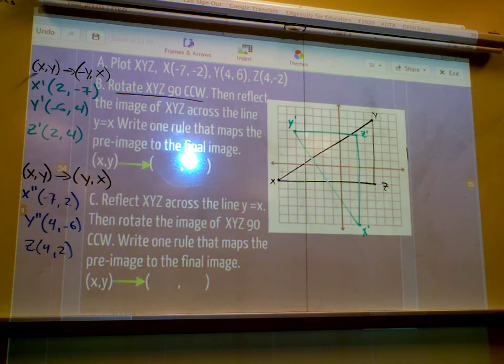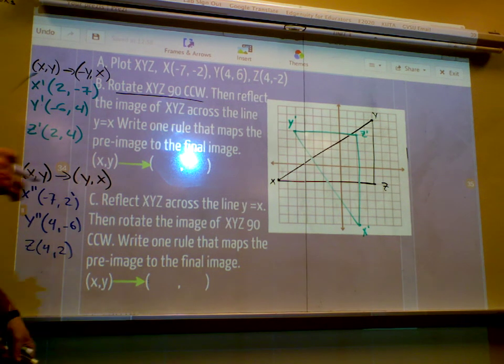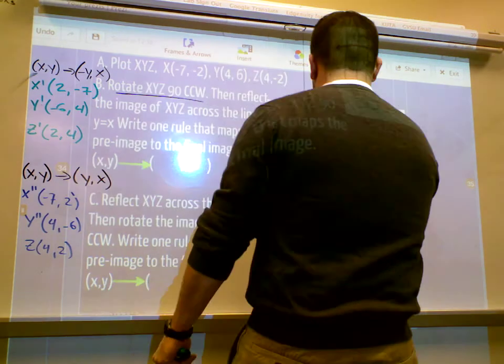Okay, does that make sense, guys? We're still on part C. Graph everything on the graph you have right there. So I took these coordinates and I flipped them, right? Okay. So now I can plot again. So x is at -7, 2.